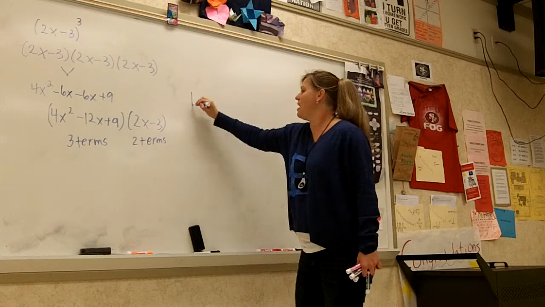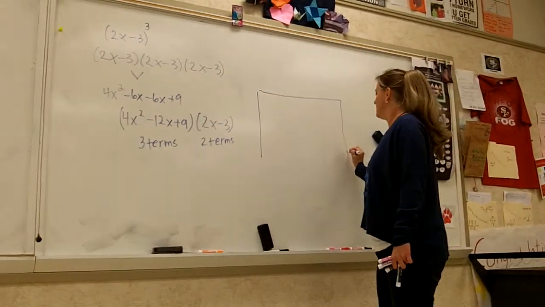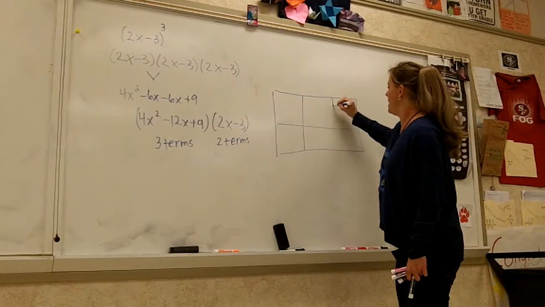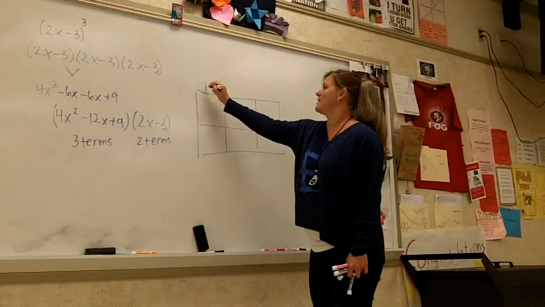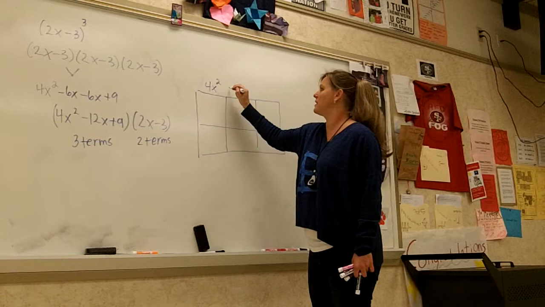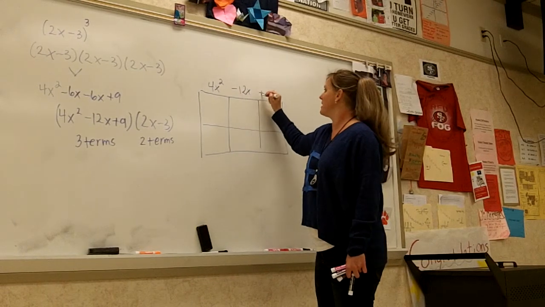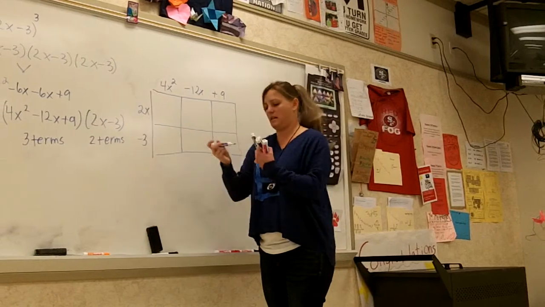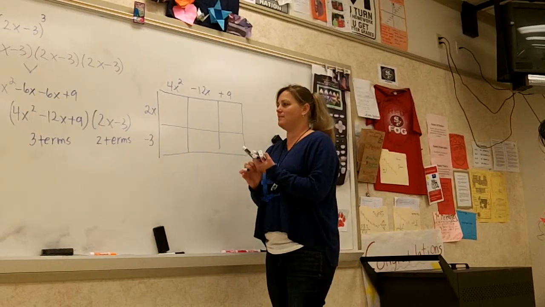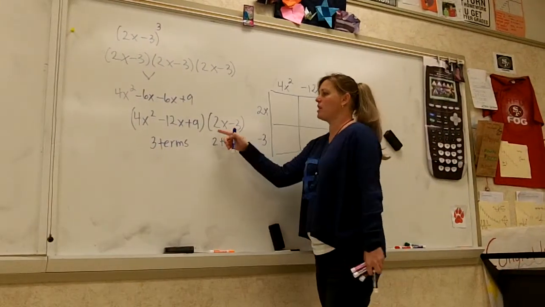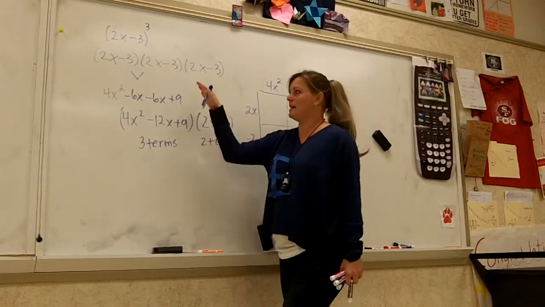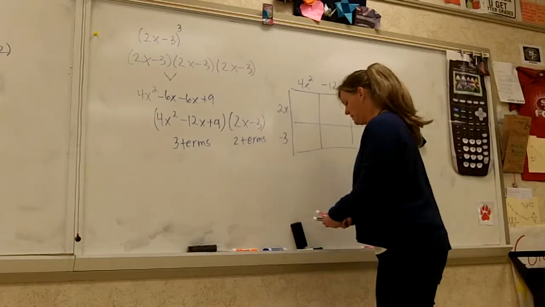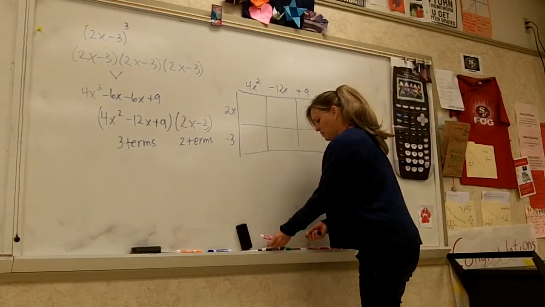So just make a box that is 3 going across the top and 2 going down on the side, and on the top I'm going to put 4x squared minus 12x plus 9, and on the left side I'm going to put 2x minus 3. And actually I use this method a lot anytime I have more than binomials that I'm multiplying together. I always just make these boxes because it makes it a lot easier to organize your numbers.